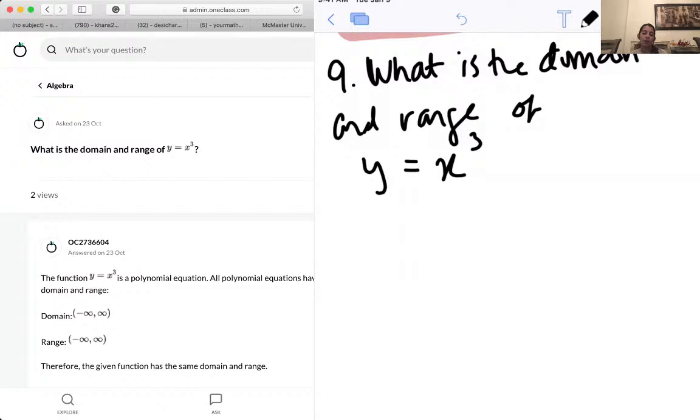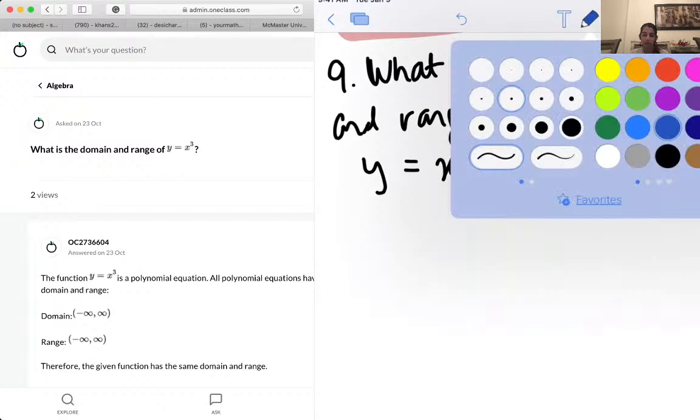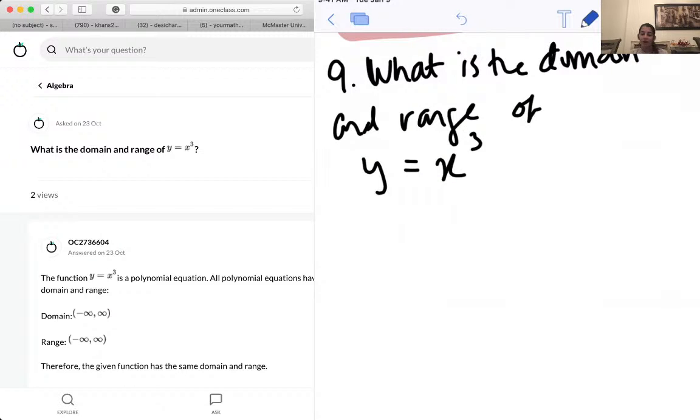So y is equal to x to the power of 3, or y is equal to x cubed, is a polynomial equation, and there is a set rule that all polynomial functions and equations don't have a restriction on them.